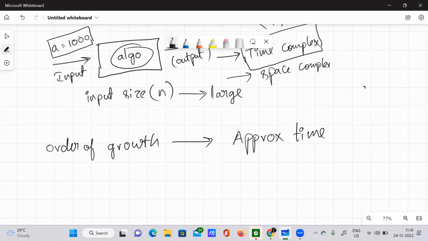For example, if I have a is equal to, I'm asking my user to enter some kind of input, right?